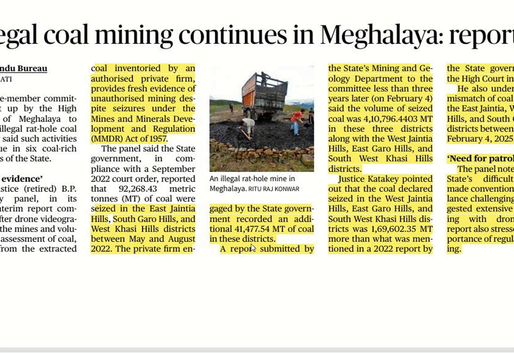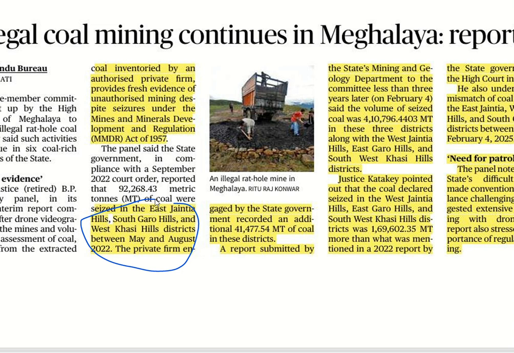If mining continues under government guidance, that is good, but if it disturbs the environment as well as the ecosystem, it becomes a problem, especially if it is illegal.